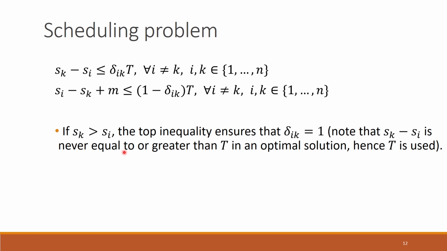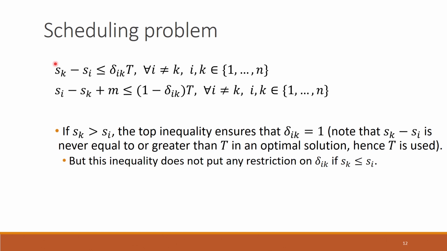Now, here you can have more than one processor. So, you can never have the difference of the starting times of two tasks be greater than capital T. And that is why we have introduced capital T here, because Sk minus Si can be something greater than 1, but delta Ik can only take 1 as the positive value. So, that is why we multiplied capital T so that this constraint is satisfied.